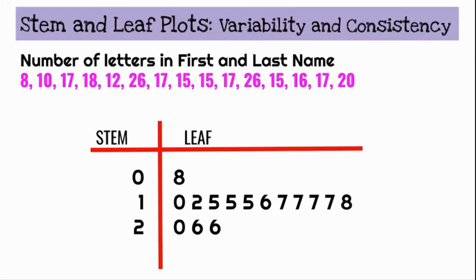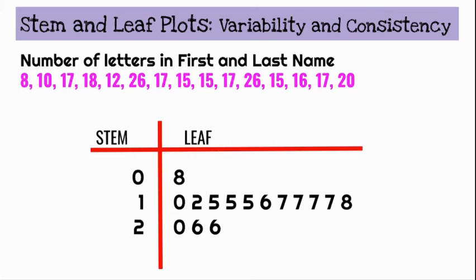The other thing they help you with is something called variability and consistency. Now, we looked at variability when we first started talking about statistical questions. What variability meant is having a wide variety of responses. We can look at the stem and leaf plot and decide, do we have a wide variety of responses? Are they sort of all over the place?